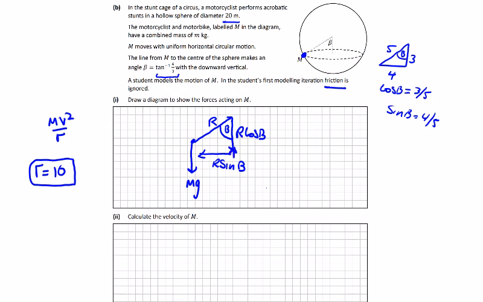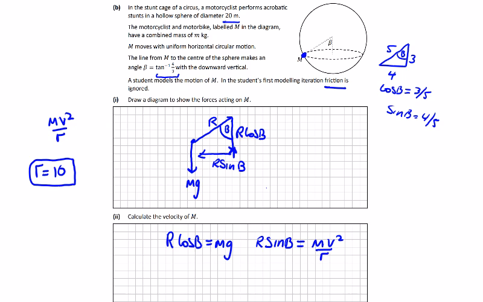So R cos β is equal to mg. I think that's all that's going up and down. R cos β is equal to mg, and R sin β will be equal to mv squared over r. So let's have a look at this.